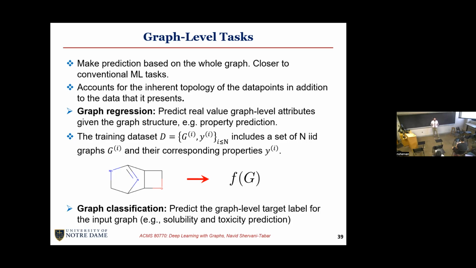The difference between these two is that in this case, we can look at our dataset and assume that each graph is independent data. We have IID data and we are trying to train our model. But when we look at the classification case among nodes, that's not the case. We can't assume that nodes connected to each other are independent.